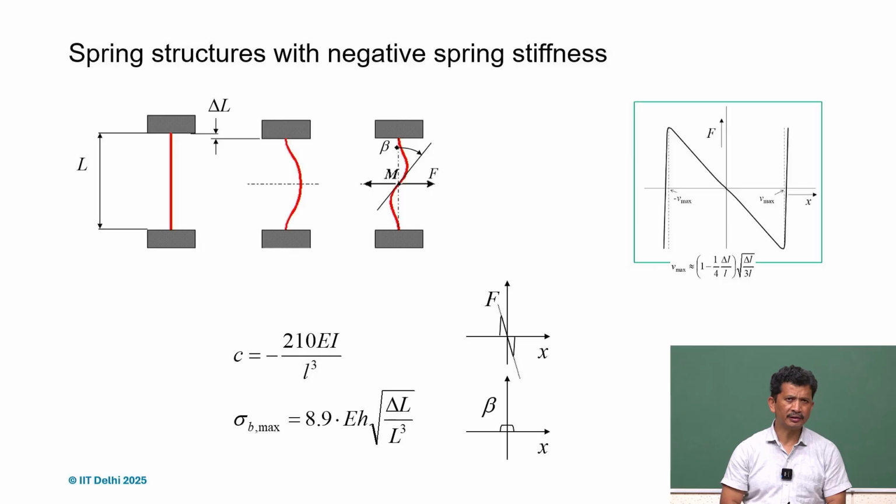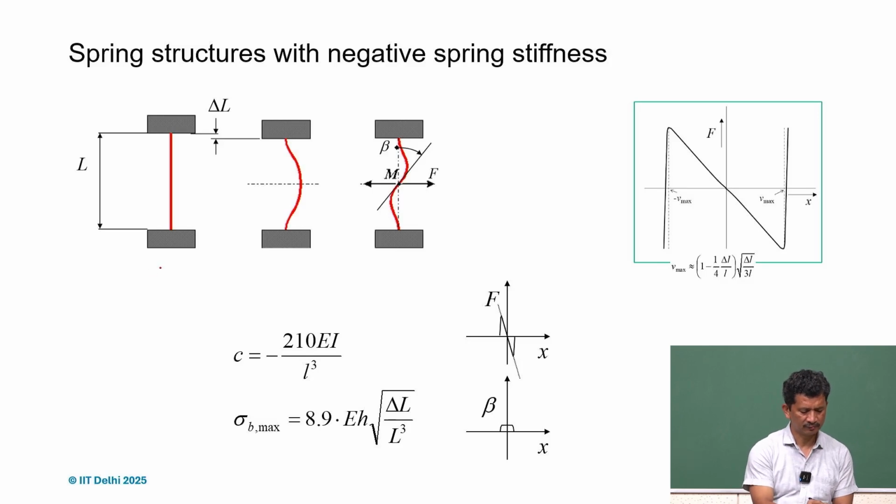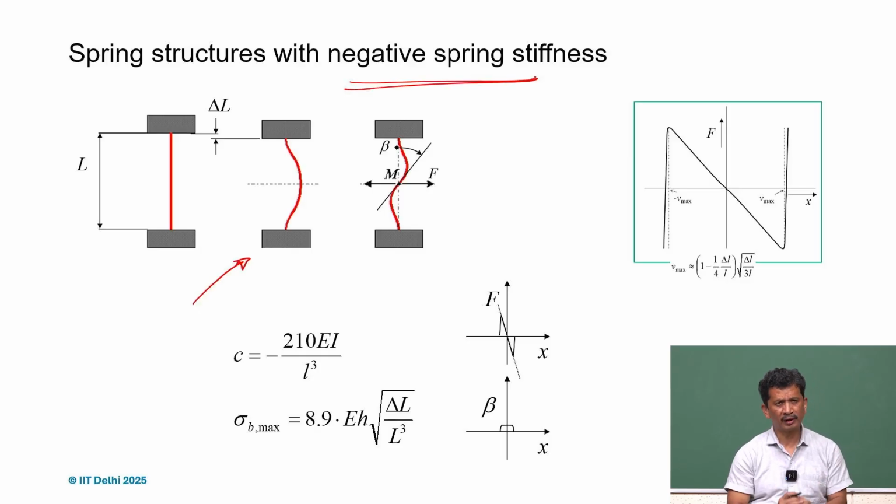So in compliant mechanisms or in flexures, some of the things which are not desired can still be used, for instance in this case, buckling. How can buckling be used to get a negative stiffness?